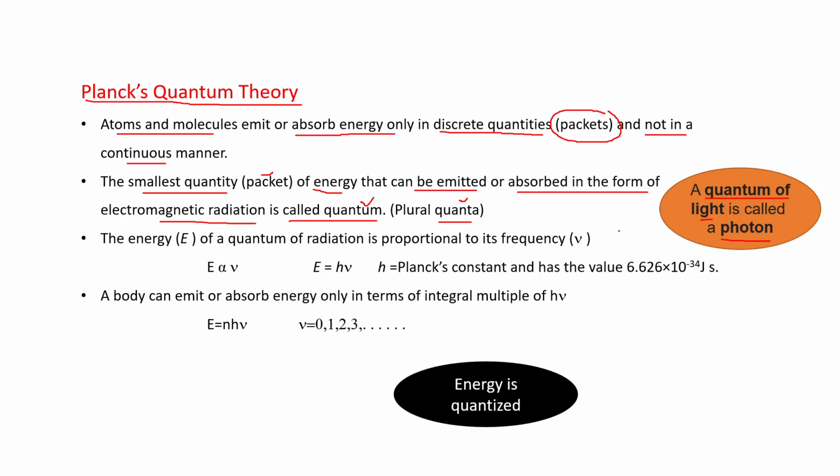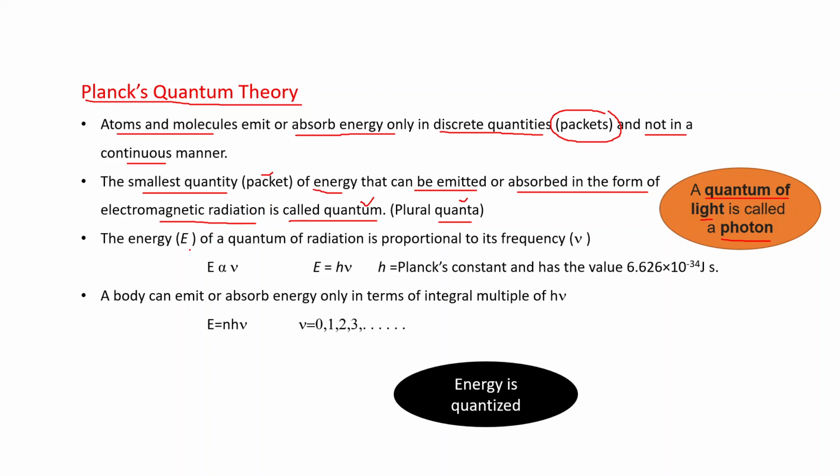Clear? Now, what is the difference between quantum and photon? Quantum is the smallest packet of energy, and this energy may be from any source. But if this energy is light, then this small packet of energy is known as a photon.